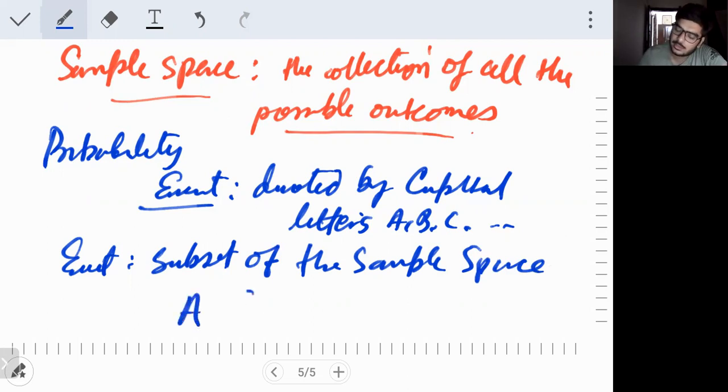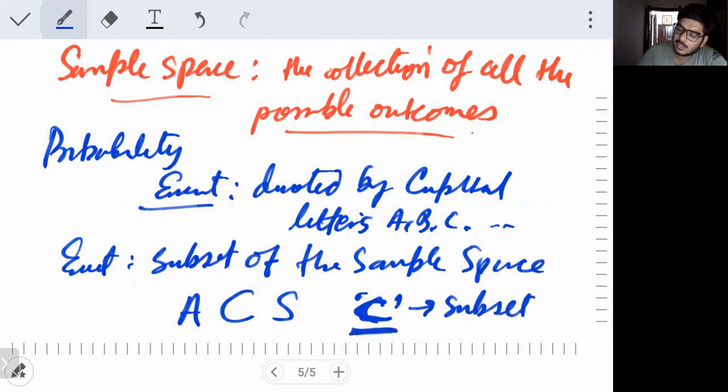That is, A is a subset of S. This symbol is read as subset.